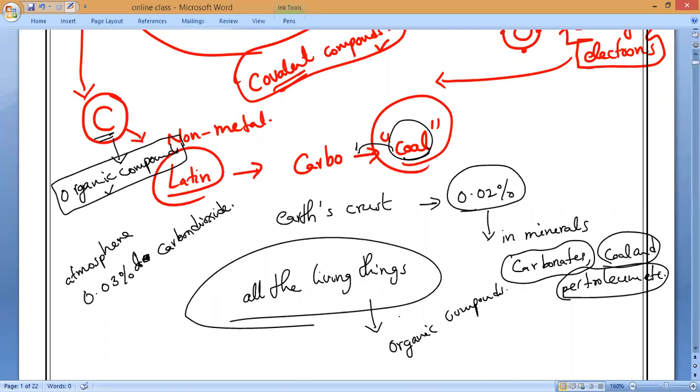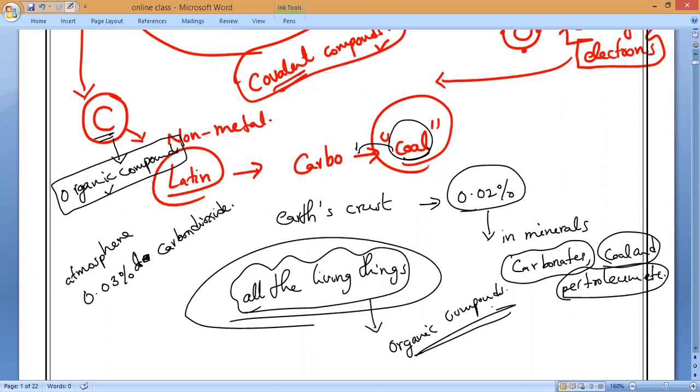So many compounds of carbon are present in living organisms. The compounds of carbon present in living organisms are called what compounds? Organic compounds. Understand?